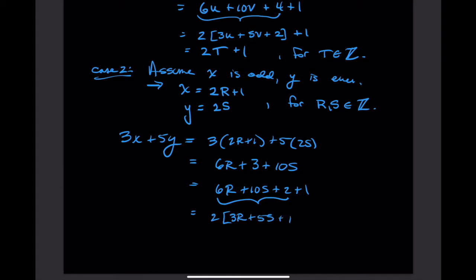And then we have 3r plus 5s plus 1, plus 1. And now we have this as an integer. We'll call that 2 times capital W, let's go with, where W is an integer. And so therefore, our proof is finished and we can put our tombstone.